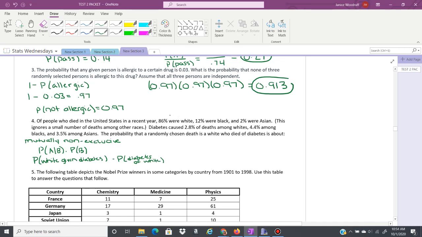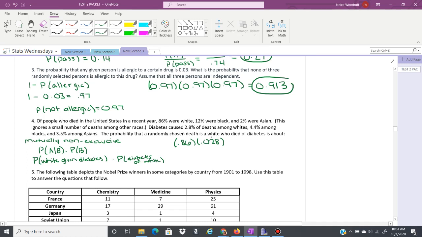Of the deaths, 86% were white, but of those 86%, 2.8% were diabetes. So that's your white given diabetes. So what you want to do for that white given diabetes is 0.86 for 86% times 0.028 for diabetes. So it's 2.8% of 86%.